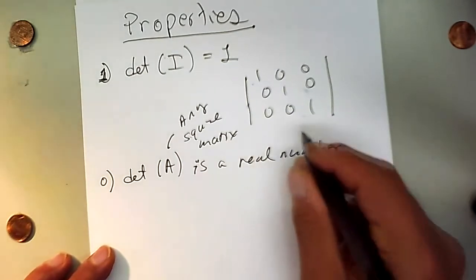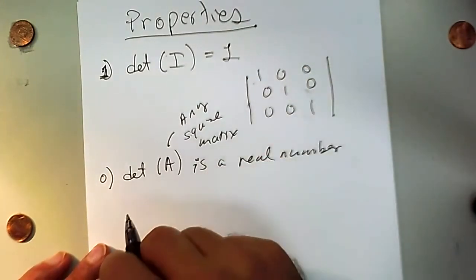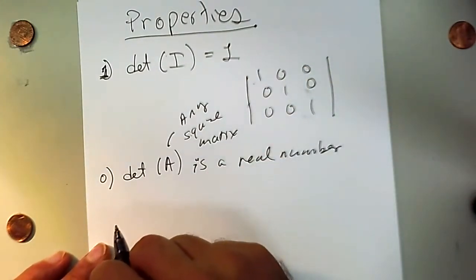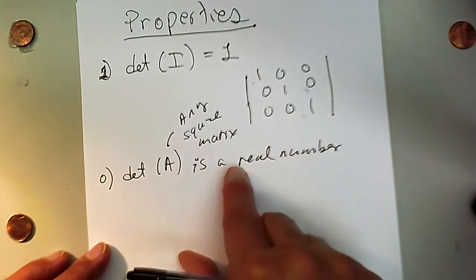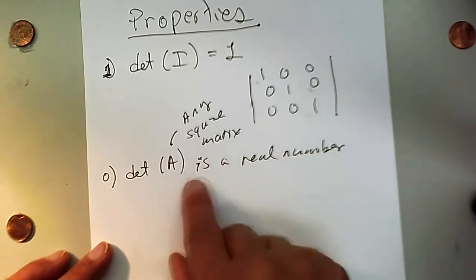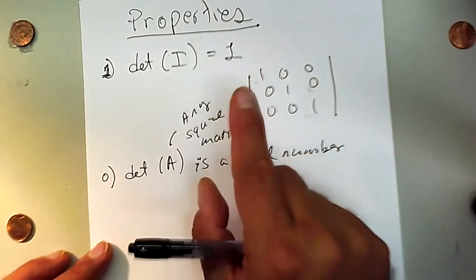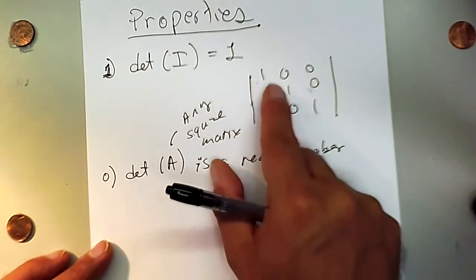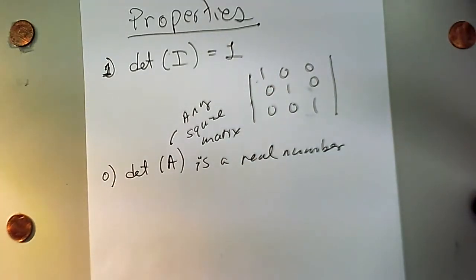And we're assuming that the entries of a matrix are real numbers. So we're not going to have infinity or negative infinity, and it will not happen that the determinant does not exist if the matrix is a square matrix and the entries are real numbers. So determinants will always exist.